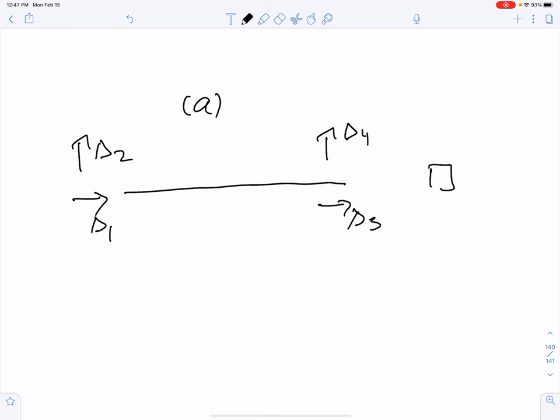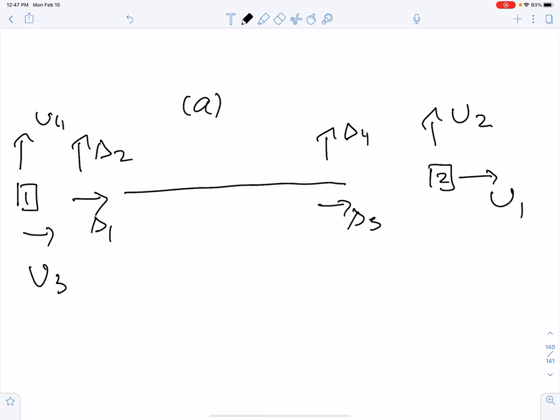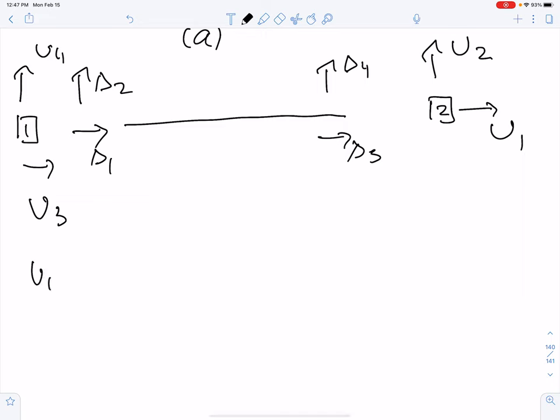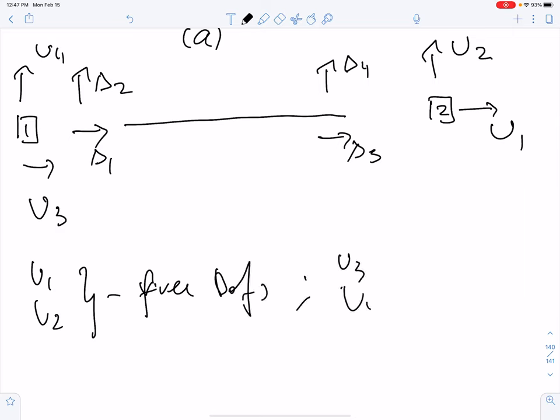If you recall, these were connected to node 2, these were connected to node 1, and node 2 had U1 and U2 as global or structural displacement degrees of freedom, and node 1 had U3 and U4. And you also remember that U1, U2 were free DOFs, while U3 and U4 were restrained DOFs.